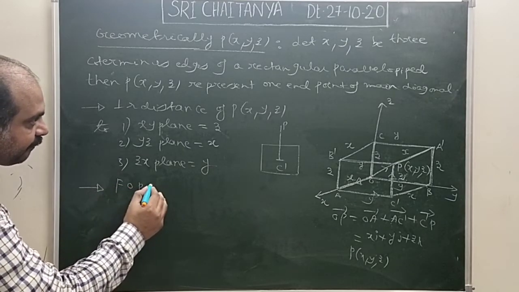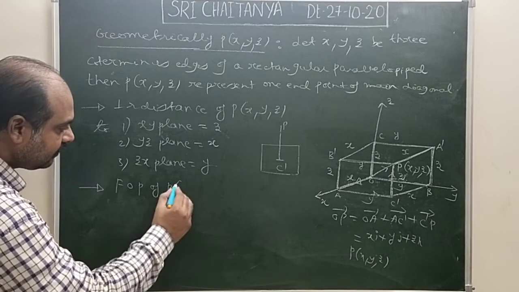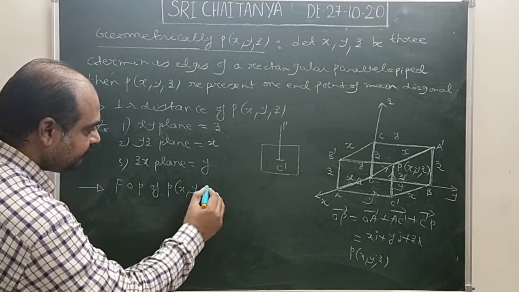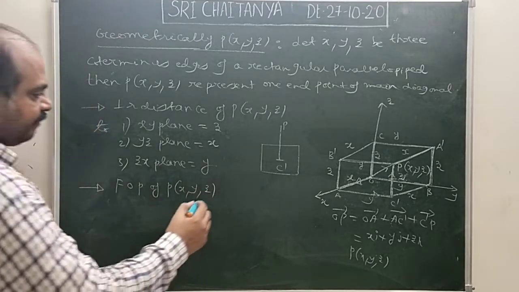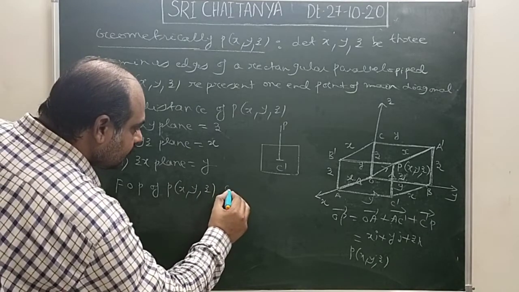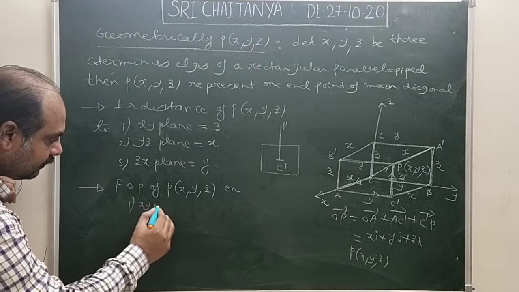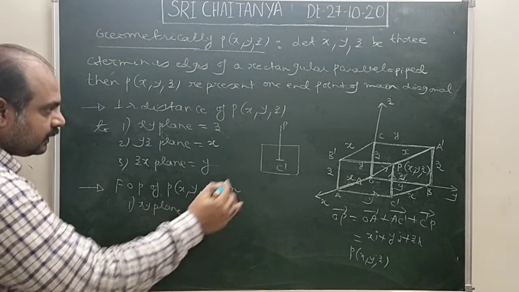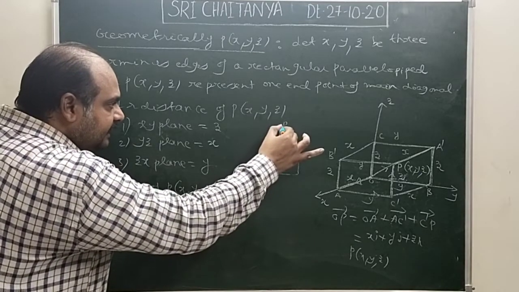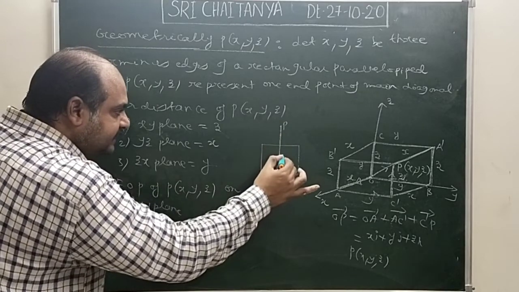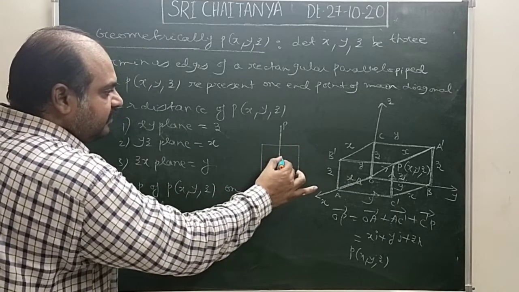Foot of perpendicular of P, X, Y, Z on the XY plane. That means where the perpendicular drawn from P to the XY plane meets, this C dash is called the foot of perpendicular.